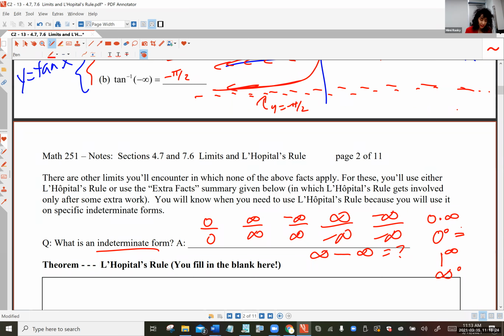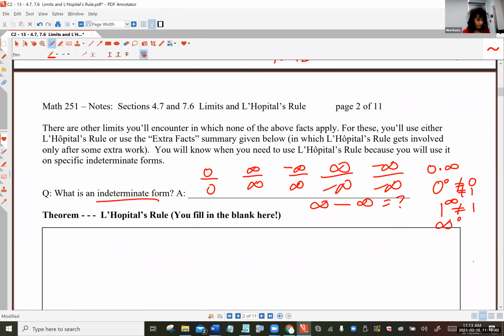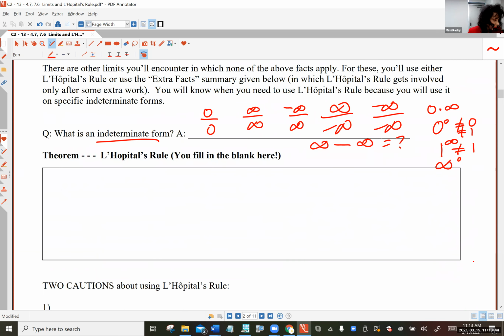Do not say that this is equal to 1 or to 0, either one. Don't say 1 to the infinity equals 1. Well, I thought 1 to the 100 is equal to 1. That's true. But 1 raised to the infinity power, you have no idea. That's indeterminate. Okay?